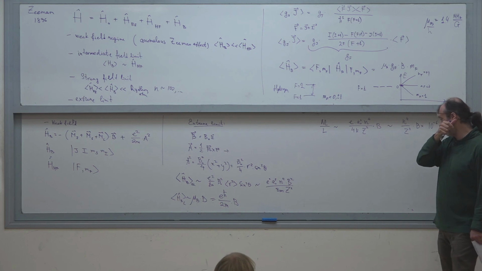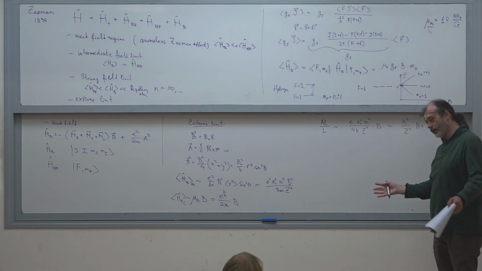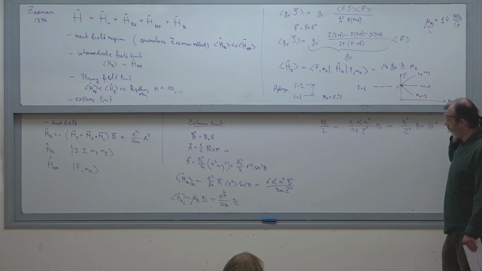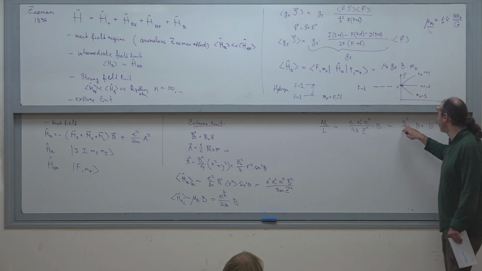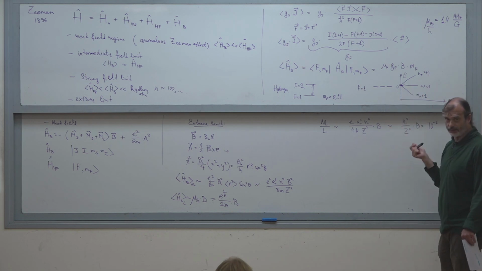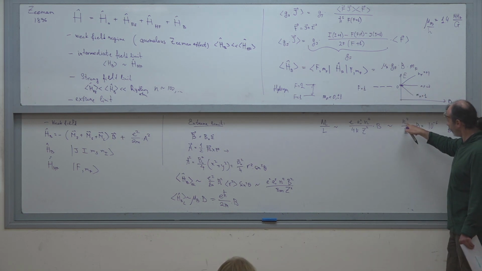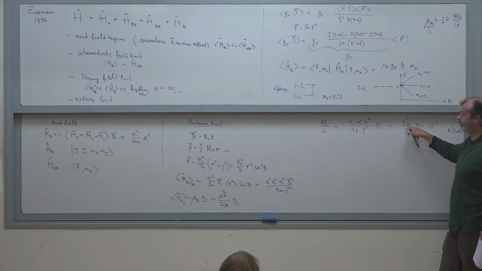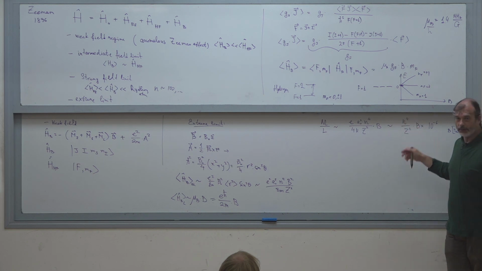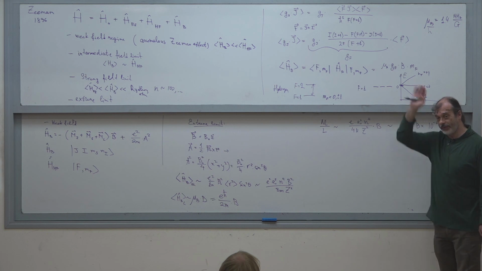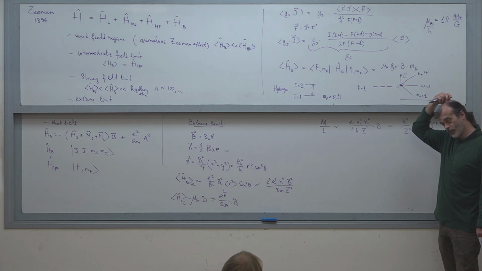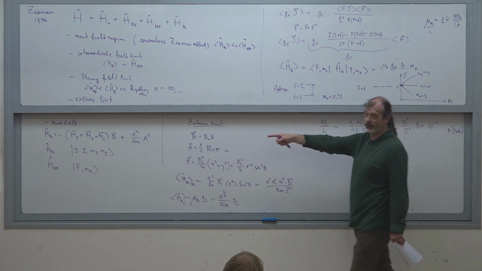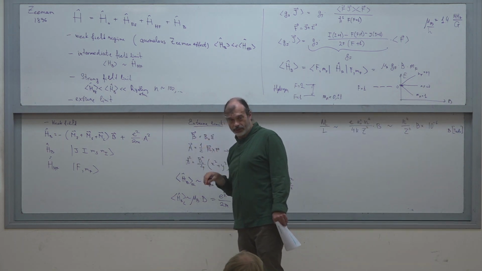A Rydberg atom, I remind you, is an atom where the electron occupies a highly excited orbital with principal quantum number of the order of tens and hundreds. It goes as a 4th power, so it's very strong. Even a few tens, say 100, already completely compensates this factor, and it's more than 1. So if I'm going to very large principal quantum numbers, or Rydberg states, this nonlinear term in the magnetic field interaction will be important.